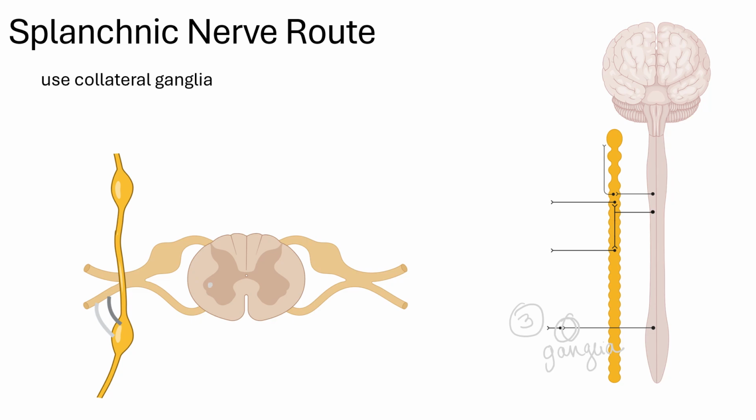The preganglionic fiber originates in the lateral horn of the gray matter of the spinal cord, and it leaves by way of the ventral root, spinal nerve, and then it travels through the spinal nerve and bypasses the white and gray communicating rami.